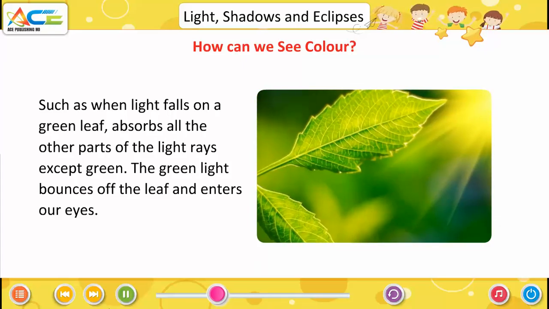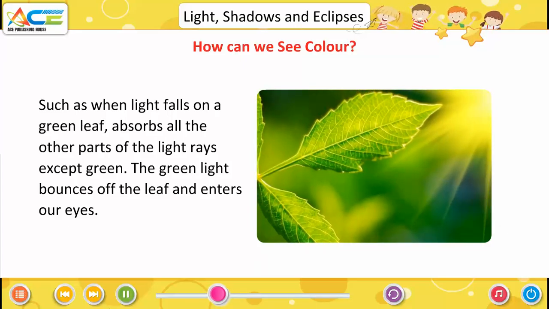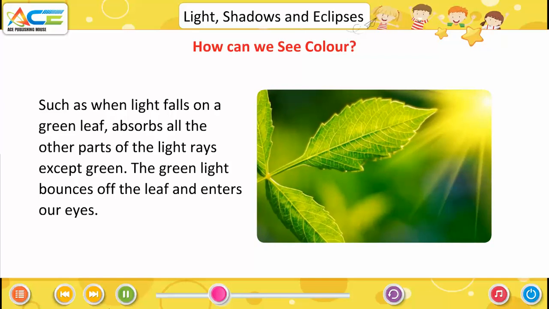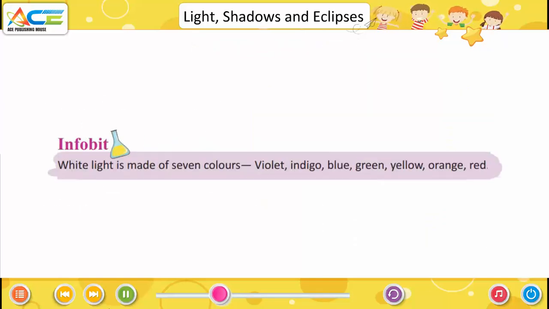The green light bounces off the leaf and enters our eyes. White light is made of 7 colors: violet, indigo, blue, green, yellow, orange, red.